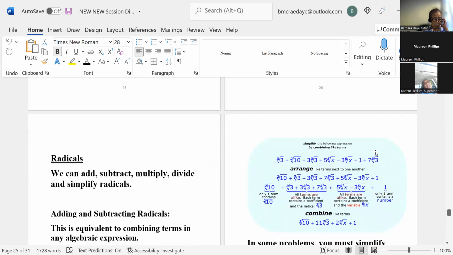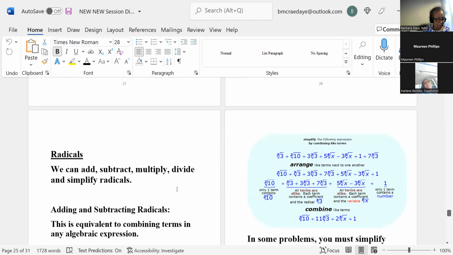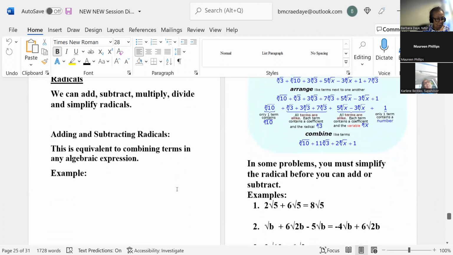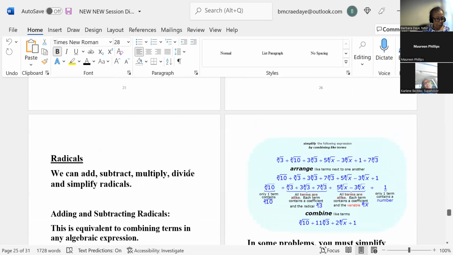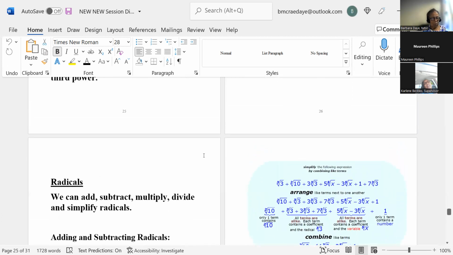Now, I just want to quickly look at radicals. We can add, subtract, multiply, divide, and simplify radicals. We combine radicals just like we combine other expressions. Like when we were working with variables, if the variables were the same, we could add them.